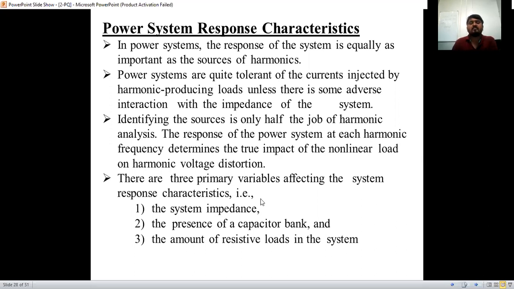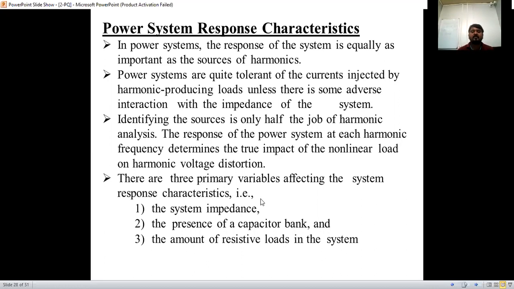So there are three primary variables affecting the system response characteristics: the system impedance, the presence of a capacitor bank, and the amount of resistive load in the system.